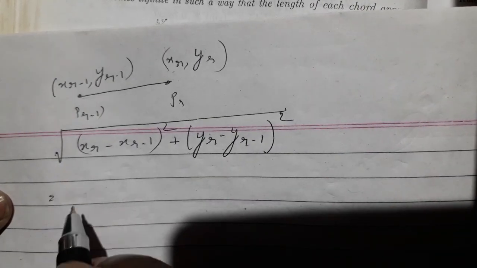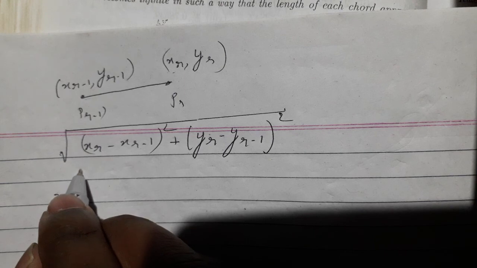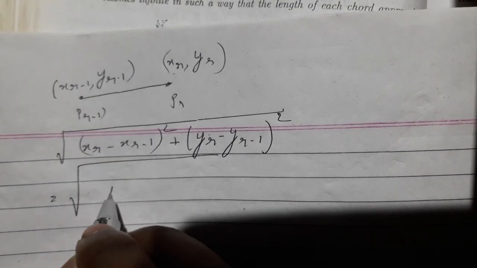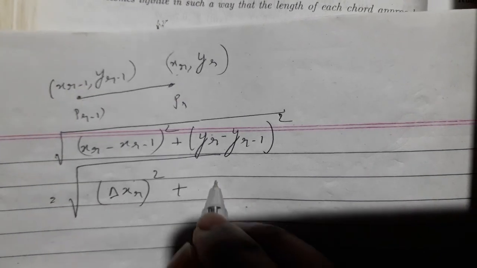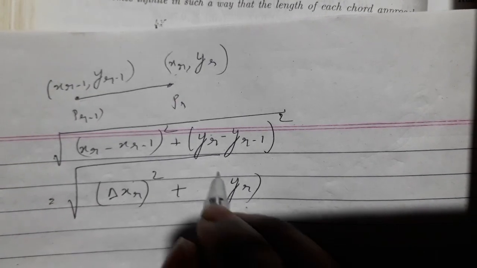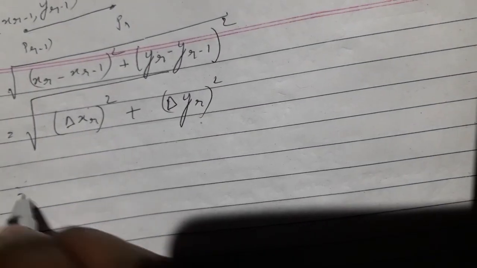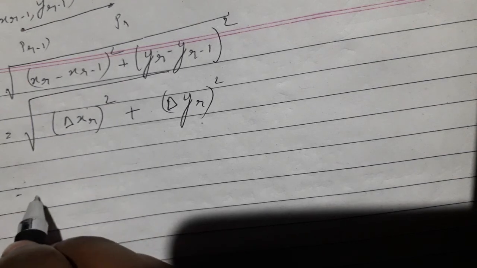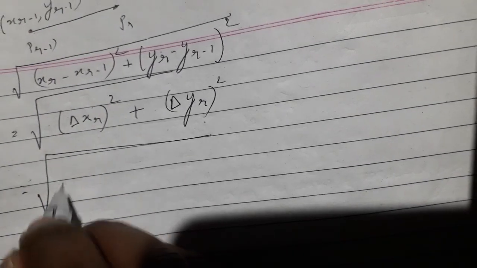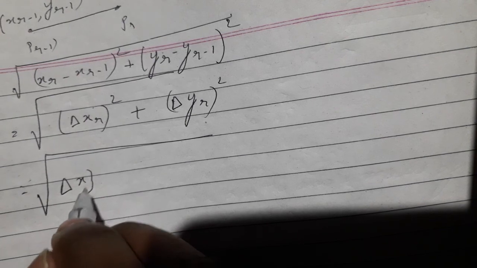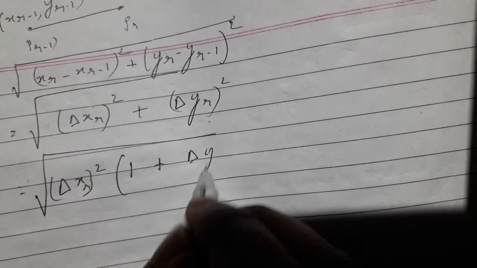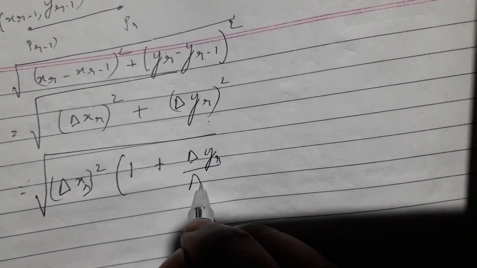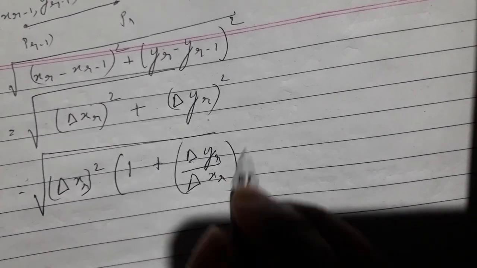This can be denoted as the square root of (delta x(r)) whole square plus (delta y(r)) whole square. Then you take delta x common. If you take delta x(r) squared out common, we are left with 1 plus (delta y(r) by delta x(r)) whole square.